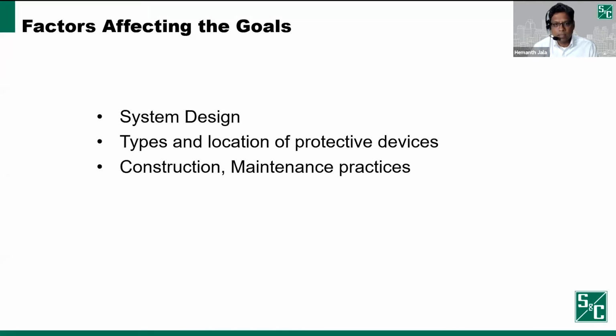The second one is the types and location of protective devices. Depending on where you put these devices and what type of devices you're using, those affect the goals. And then the last one is construction and maintenance practices, which also affect the overall goals that we just looked at.